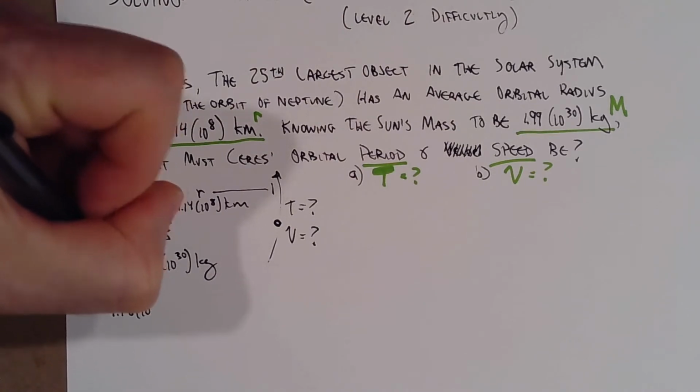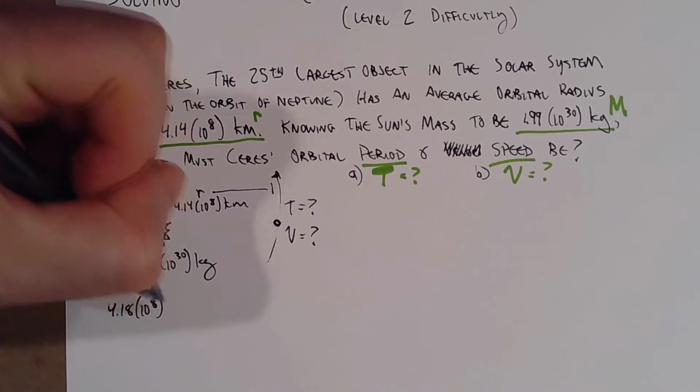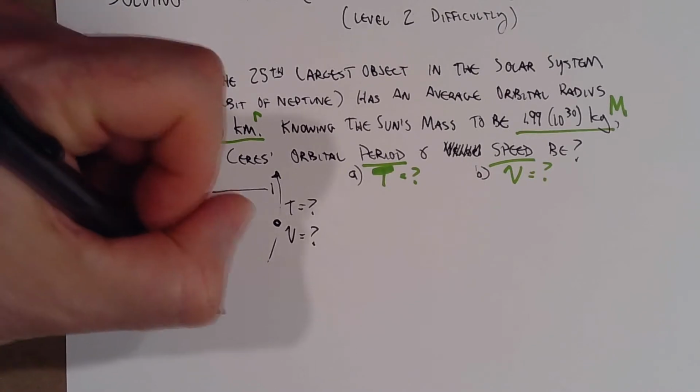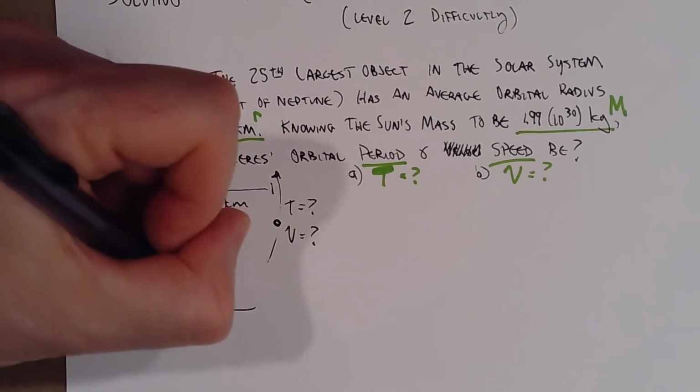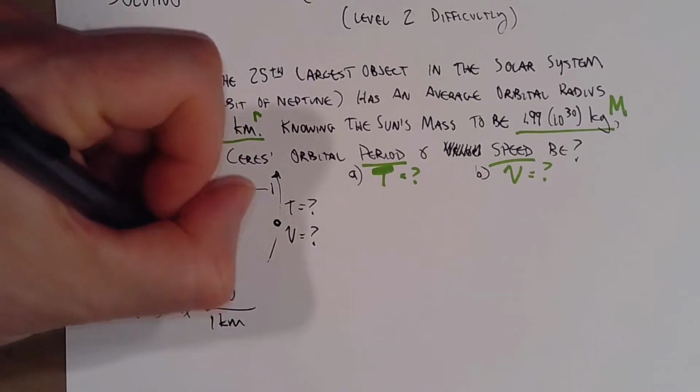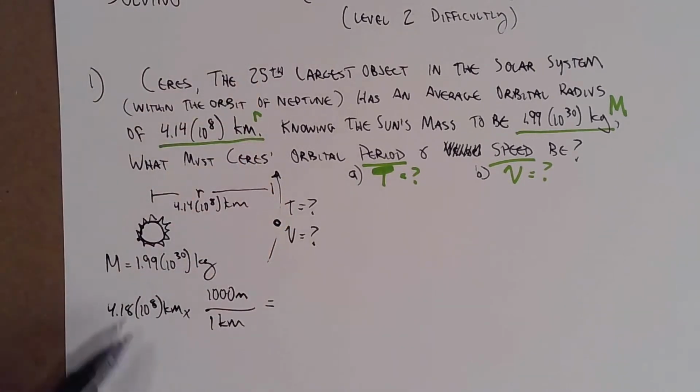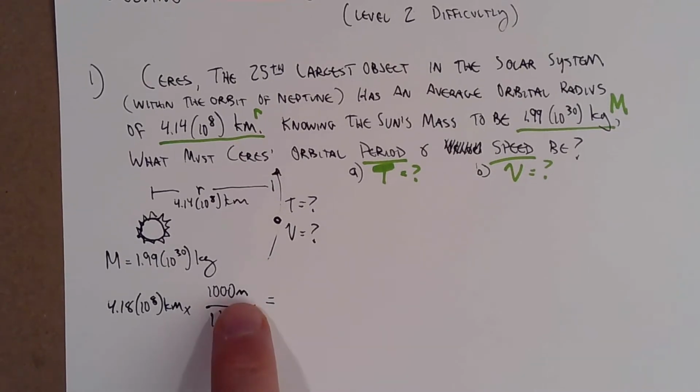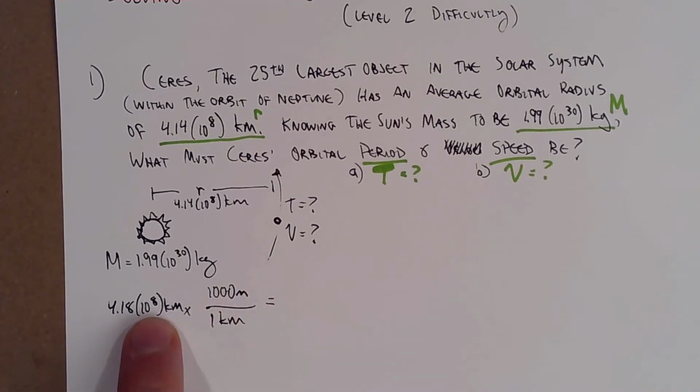I know the instinct for a lot of people is to just sort of do it in your head. I mean, I respect that, but in the same regards, it's easy to screw stuff up when you do it in your head. You just write it out, you're good to go. Kilometers cancel with kilometers, multiply by 1,000. Multiplying by 1,000 is increasing the exponent by 3.